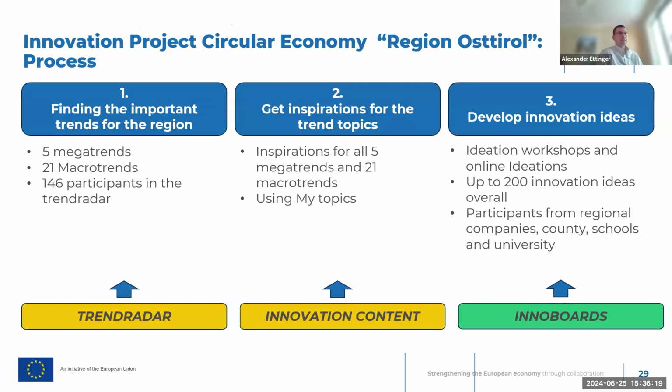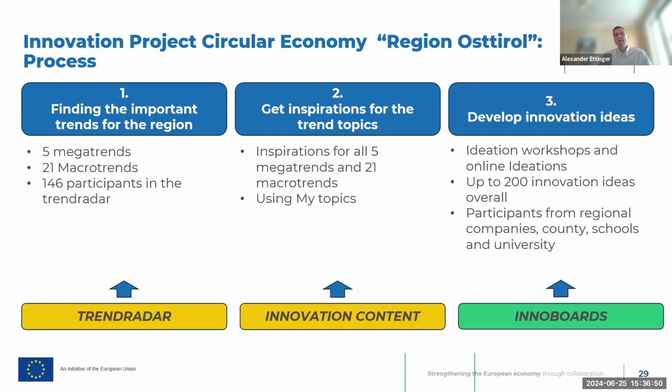And after the trend radar was ready and we had all the trends selected, all the participants got the possibility to get inspirations for these trends. What have they done? They just took the most important trends out of the trend radar. They stepped to the content, to my topics or to the feeds, and they looked inside the different mega and macro trends.